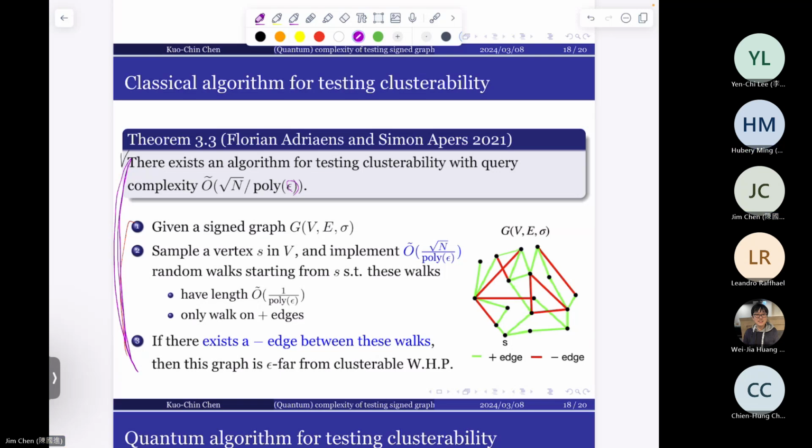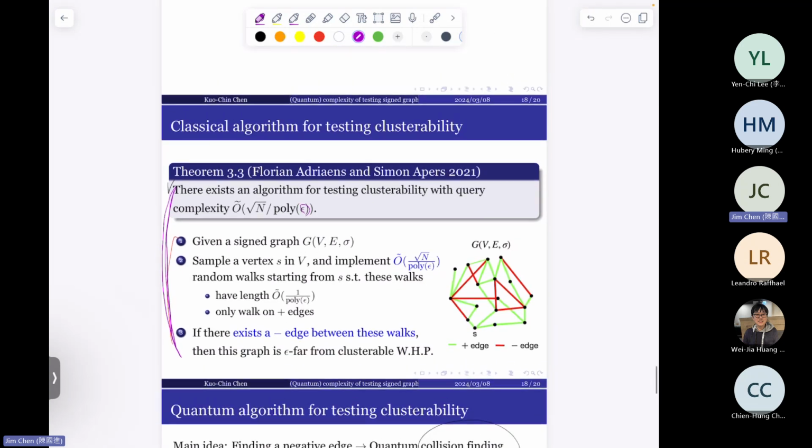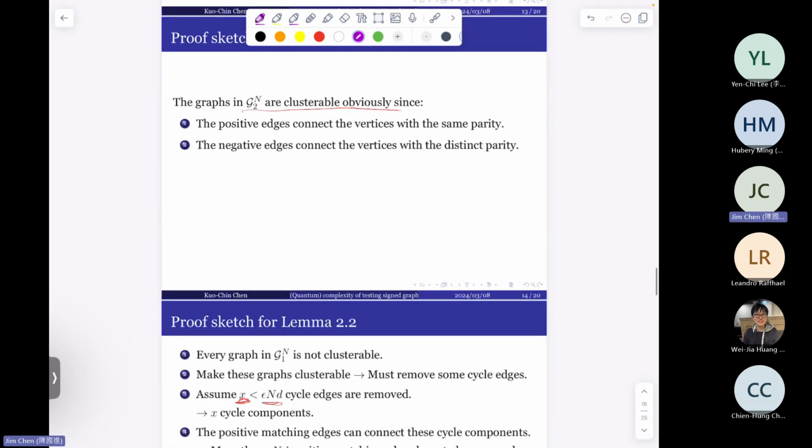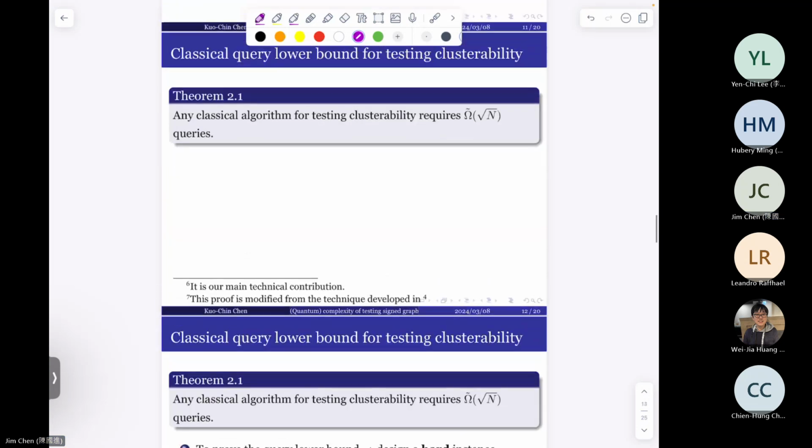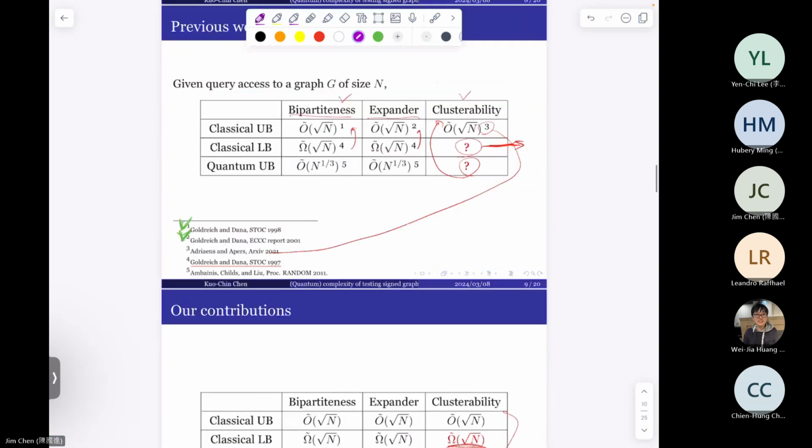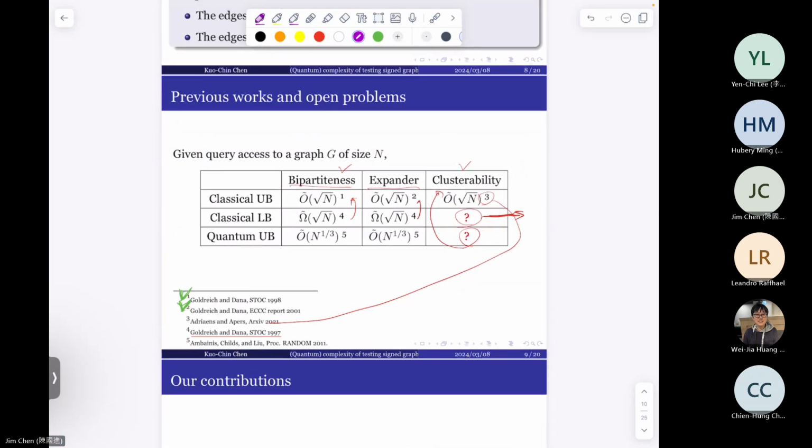Actually, I did not check the details of that paper, but they use a similar approach proposed by Goldreich in a much earlier paper.